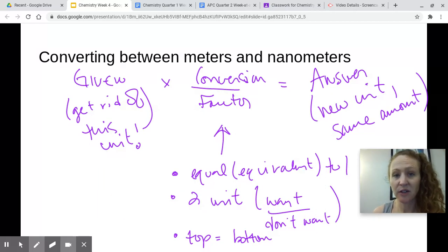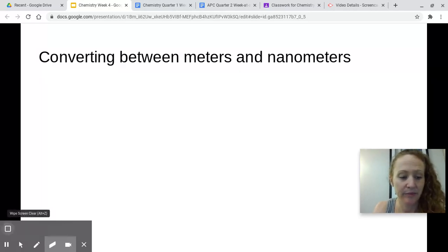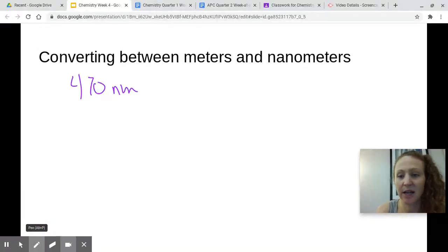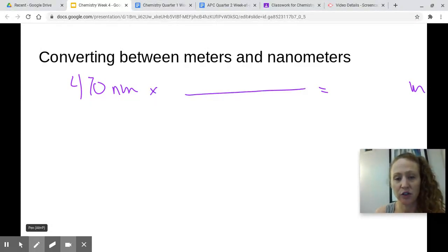Let me give you an example. This might be a good chance to pause the video and take down some notes if you need to. Here we go with the example. If I have 470 nanometers and I want to get that out of nanometers and into meters, I'm going to convert 470 nanometers into meters. I want to multiply it by a conversion factor.